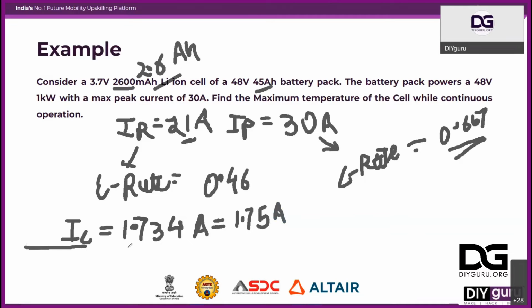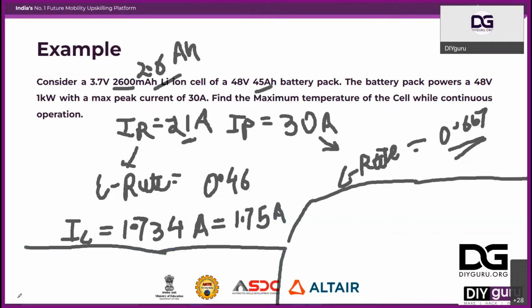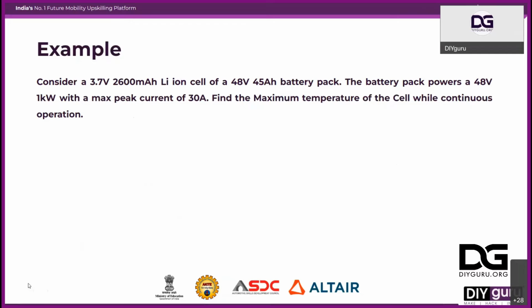Now this is my 1.75 amps. This is the operating current that was required during continuous operation for testing.